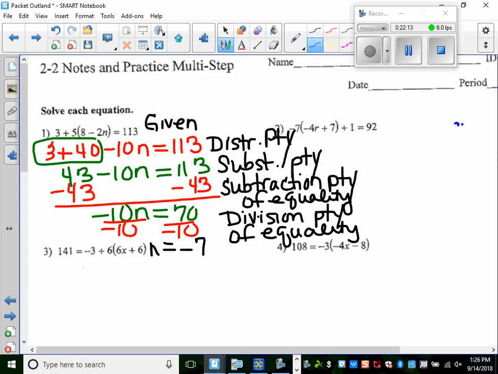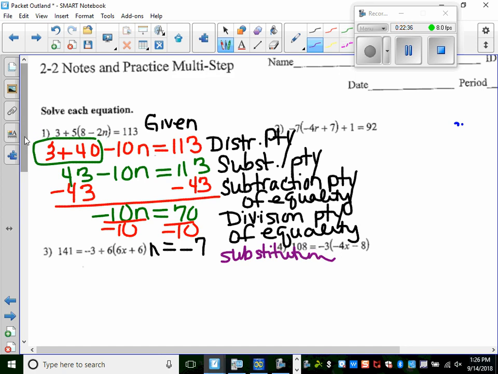I'm substituting for the answer. That's right, substitution. Okay, all right, so that's what we call justifying when you're actually solving your equation. We're going to also do this for order of operations where we have to justify the steps. Any questions on the first example?